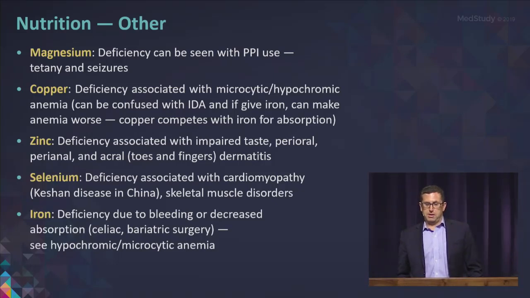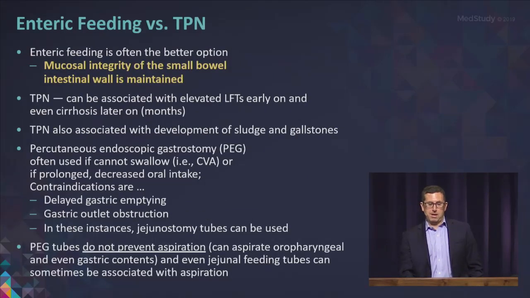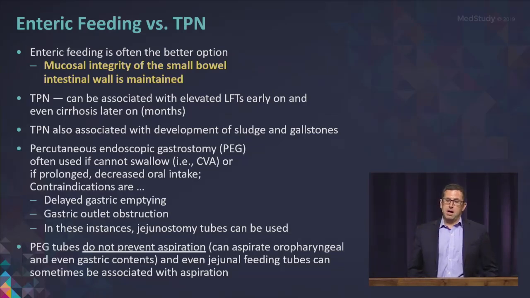Zinc deficiency can be associated with impaired taste and various rashes. Selenium deficiency is associated with cardiomyopathy and skeletal muscle disorders, and iron deficiency is pretty obvious. It can be associated with microcytic anemia. And again, sorry to blast all these at you. It's just basically memorization.